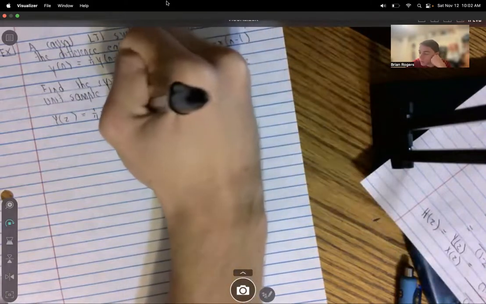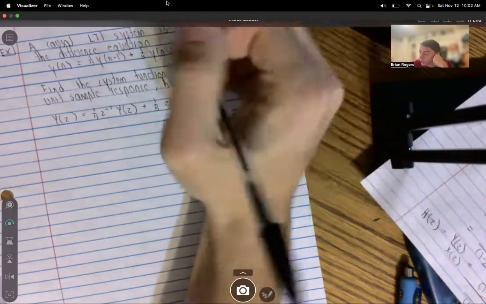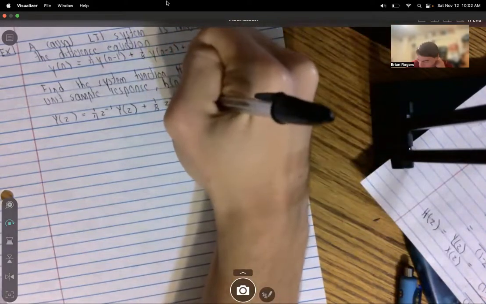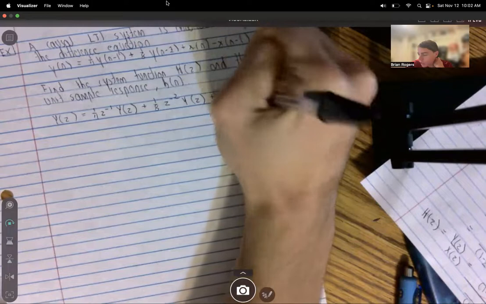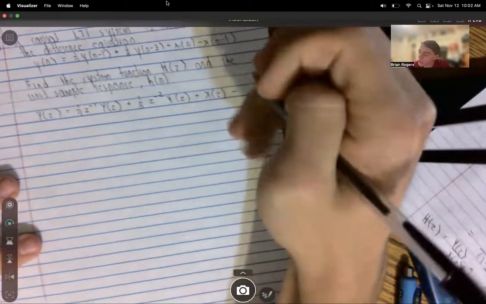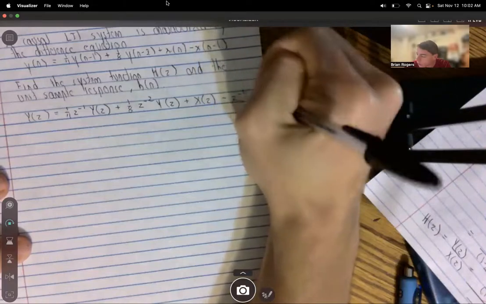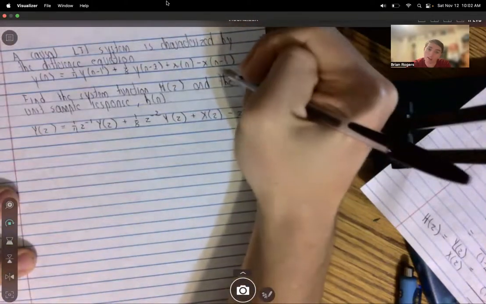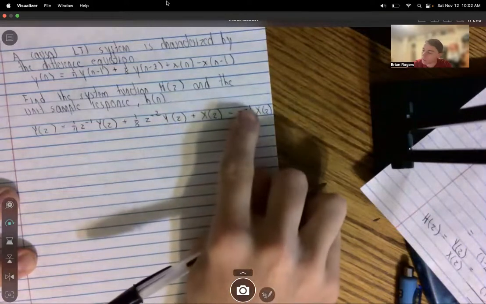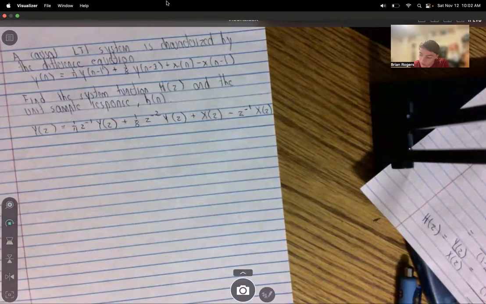And then for the next one, that constant 1/8 comes out, z to the power of -2, because that's the n0 here, and then Y of z, and then plus the Z transform of x of n is just capital X of z, and then minus z to the -1 X of z, because the time shift here is just n0 is equal to 1. And so it's z to the -n0, so -1 X of z. And now that we have that, let's group all of our Y of z terms together and all of our X of z terms together.